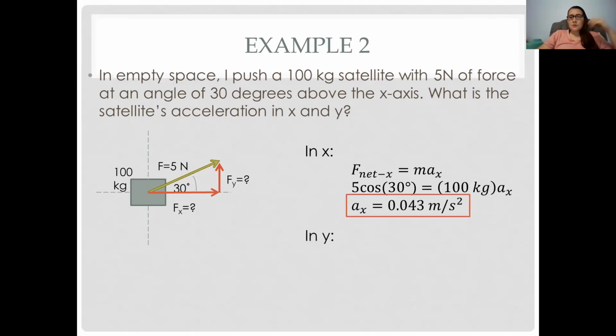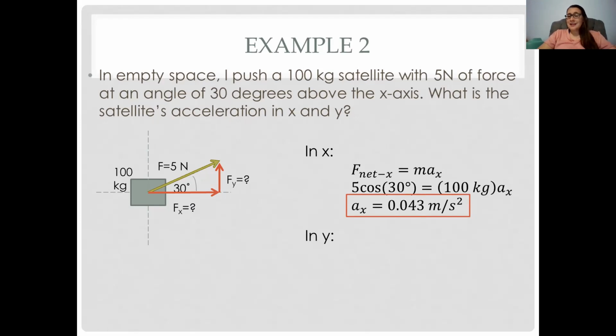In the y direction, we'll do it similarly, but now we're looking for the side of the triangle that's opposite our angle. We still know the hypotenuse. Now we also know the adjacent side, if you're confident in your answer.